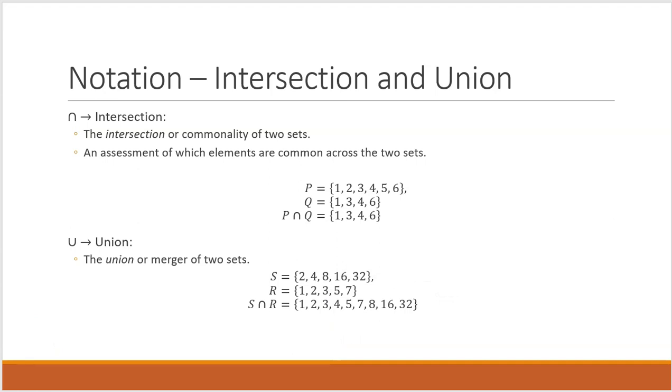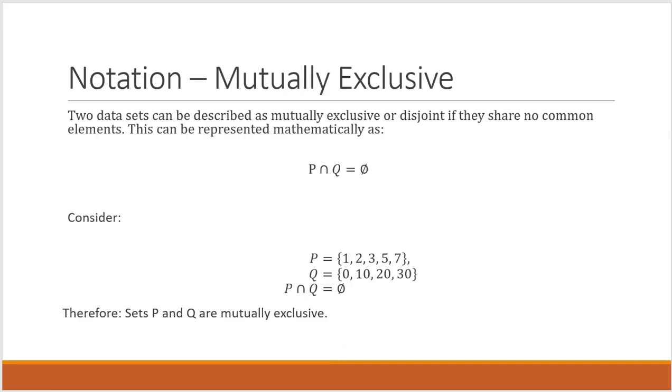And finally, the final piece of notation in this particular video, we've got mutually exclusive. So exclusive being that something only appears once. Two data sets can be described as mutually exclusive, or disjoint, if they share no common elements.